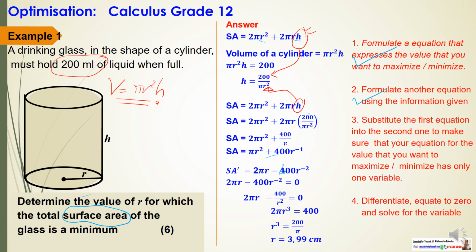Then you combine those two equations together and simplify to simplest form. After simplifying, to determine the maximum or minimum, we differentiate, equate the derivative to 0, and solve for the given variable. That will lead you to the answer that is required for that particular question. Once you do that, your optimization question is answered.